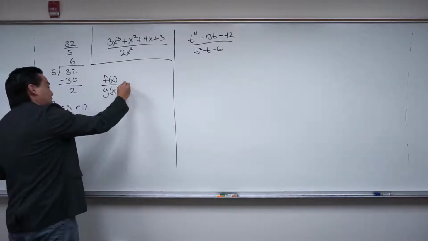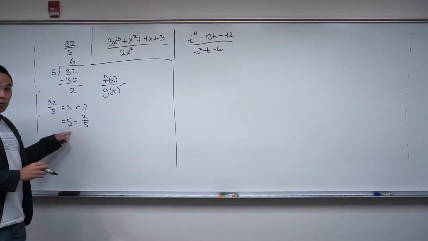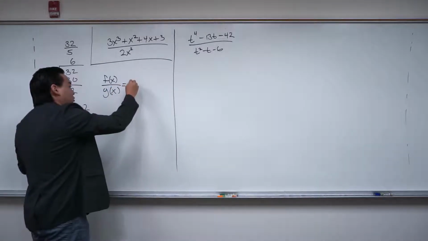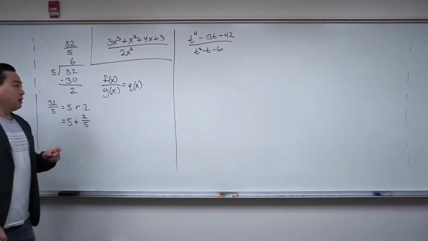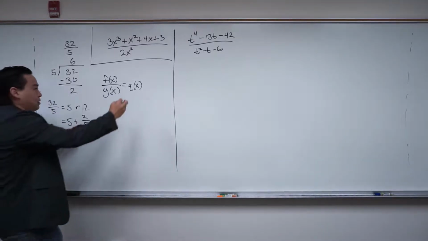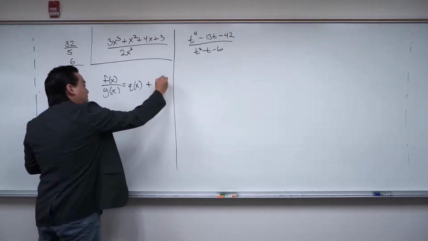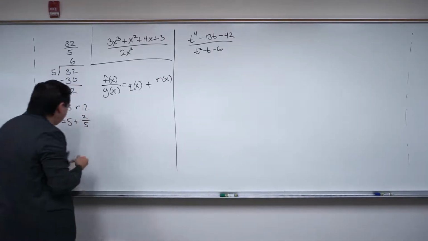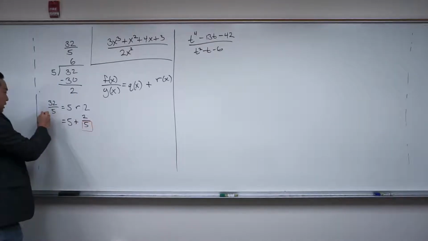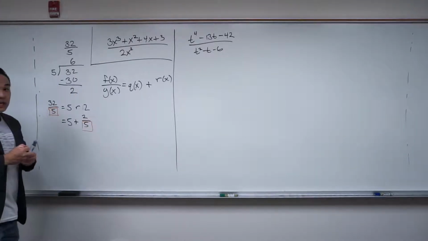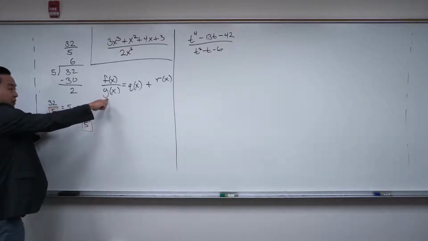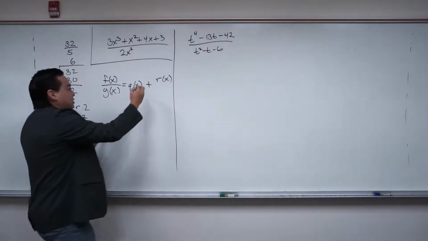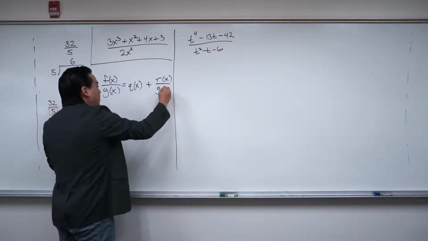Well, we just said that this is going to equal a quotient. So we call that quotient q. And it's going to be added to some remainder. And the two divisions, this part over here and this part over here, they're the same. So that's the bottom part of this fraction. So this is going to be divided by g of x.